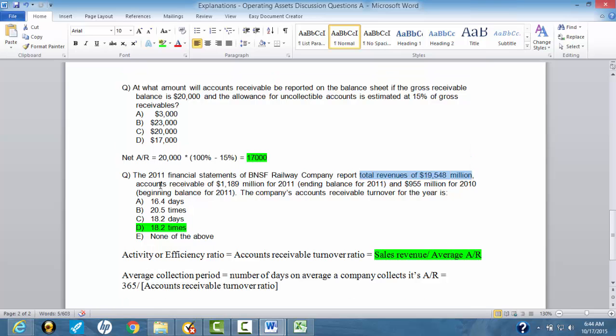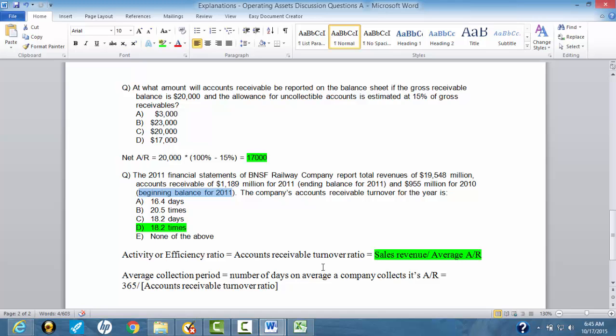Account receivable is 1189 for 2011 and 955 for 2010. Recall that the 2010 account receivable is the ending balance for 2010, which can be considered as the beginning balance for 2011.